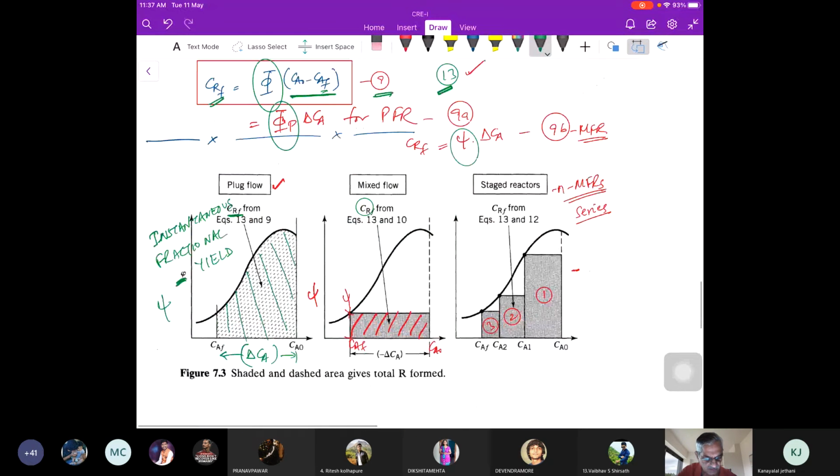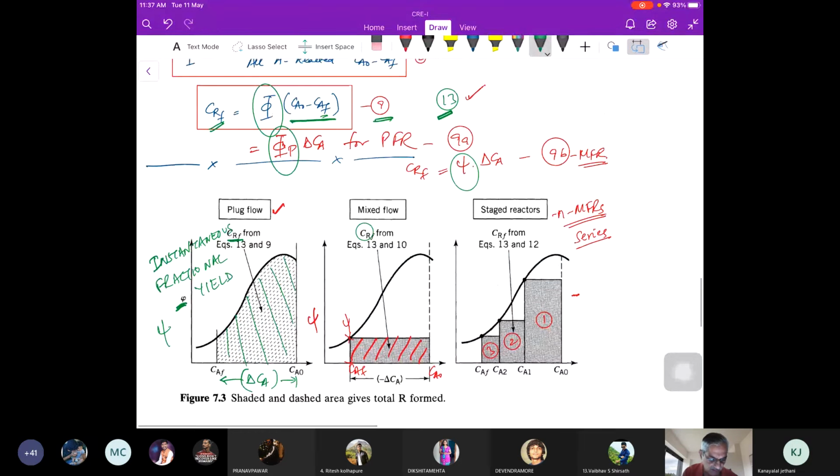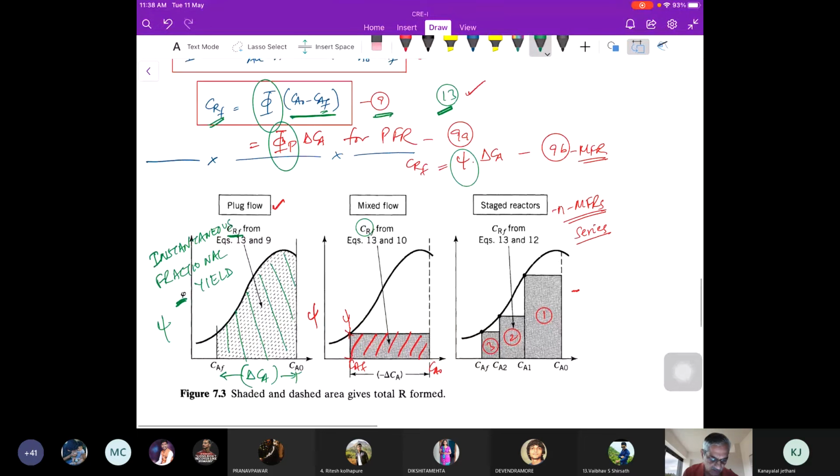Okay. If there are no questions, yeah, this shaded and dashed area is the total R formed. So the integral will be, you have seen this plotting psi versus CA. For a plug flow reactor, essentially CA naught is high so psi is higher, and CF is low, so it will be something like this, not exactly the same, right?